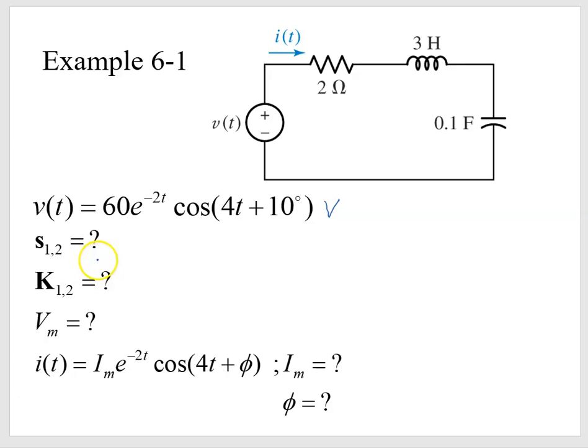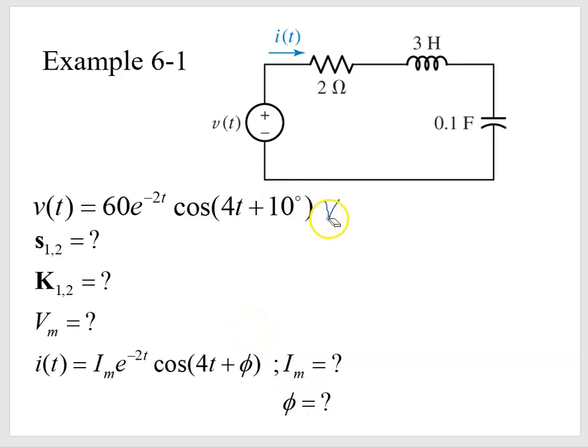We want to know what are the two frequencies, what are the two complex constants, what's our amplitude Vm, and then what we want to find is the current in this circuit. So the current, we'll assume, must have the same form, and it's going to have the same frequency, -2 plus j4. We want to know the amplitude and the phase shift.